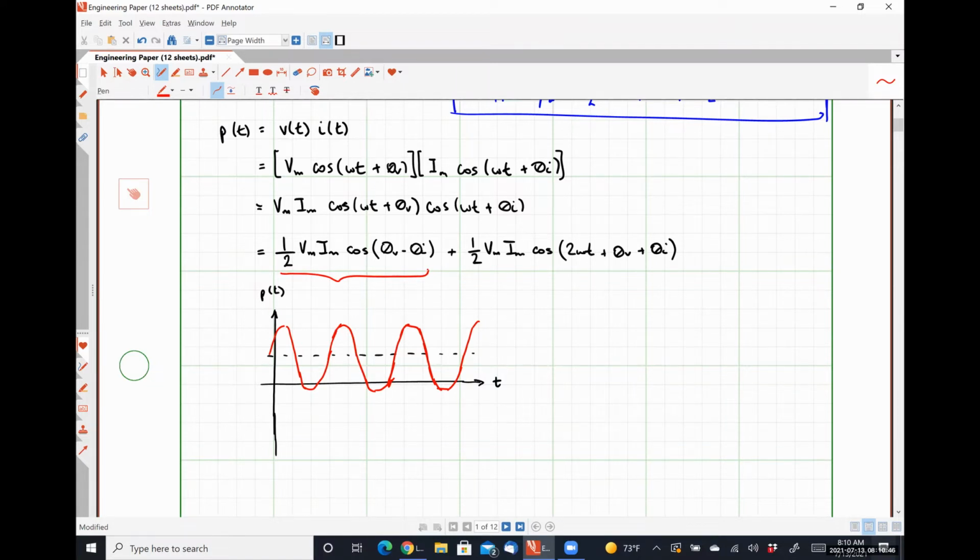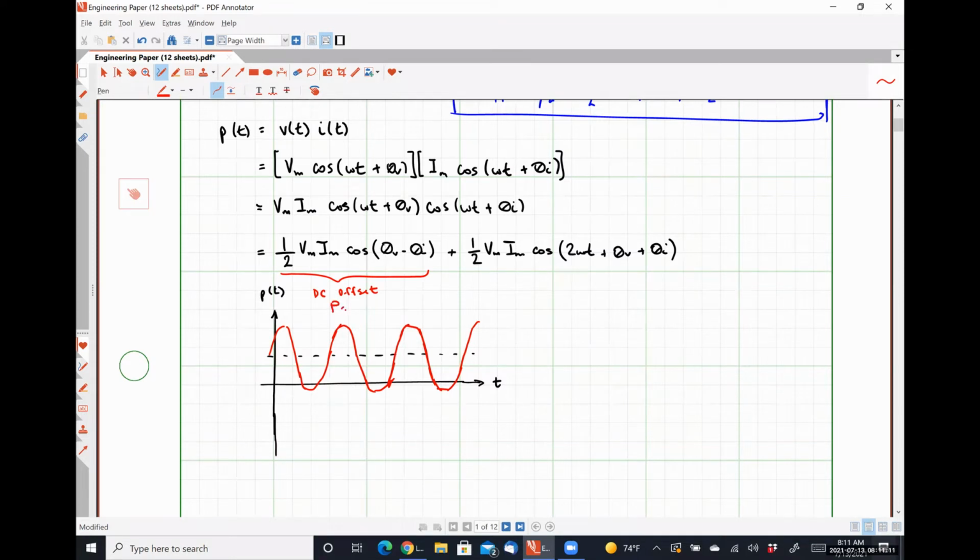Right? I'm calling it a DC offset because it's a constant value of power. But what it really represents is the average amount of power that's being absorbed by this generic element.